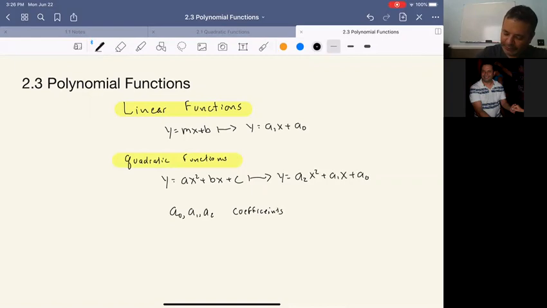Okay, I think I misspelled it. Coefficients.